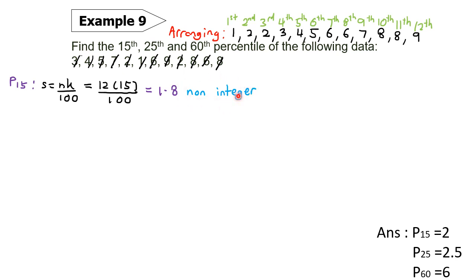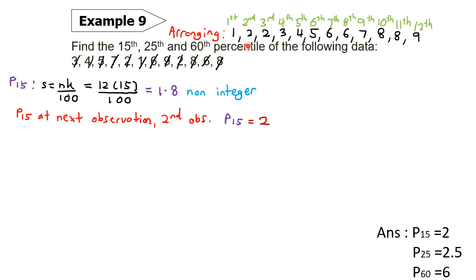So 1.8 is a non-integer, okay? Since 1.8 is not an integer, how do we find the percentile? Remember the quartile? What do we use? Yes, we use the next observation. So after 1.8, it will be the second observation. The second observation here is 2. So the value of the 15th percentile would be 2.